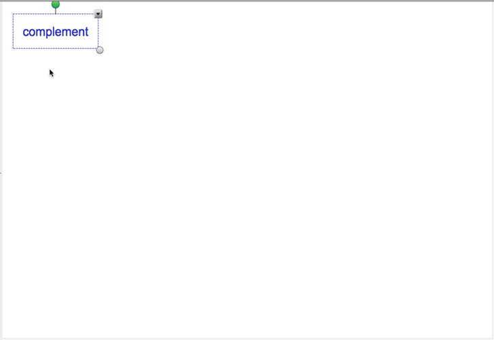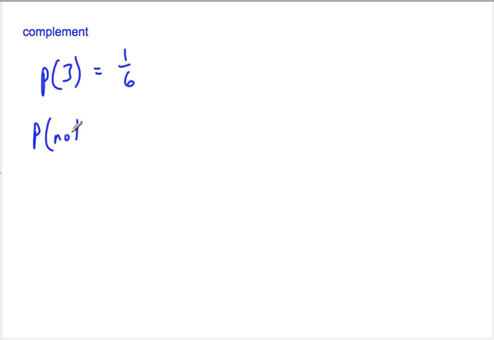The complement of an event is the collection of outcomes not contained in the event. So, for instance, if we're talking about the probability of rolling a 3 would be 1 out of 6, the complement would be probability of not 3, which is 5 out of 6, right?